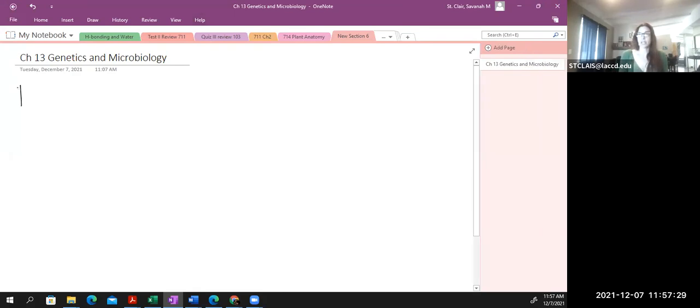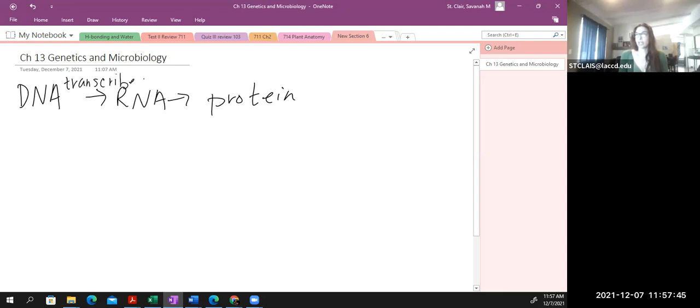And just to run over this again, it's DNA, RNA, protein. And the processes that are occurring here is that the DNA is transcribed to RNA, and then the RNA is translated into protein.